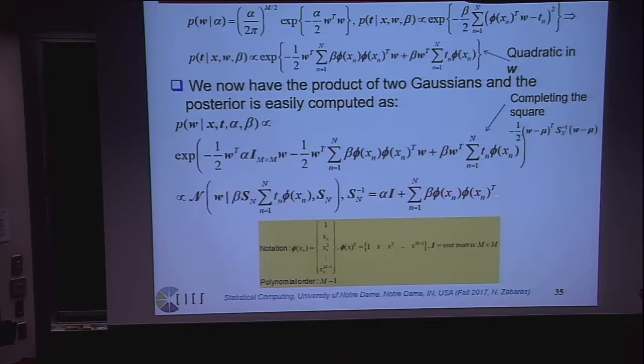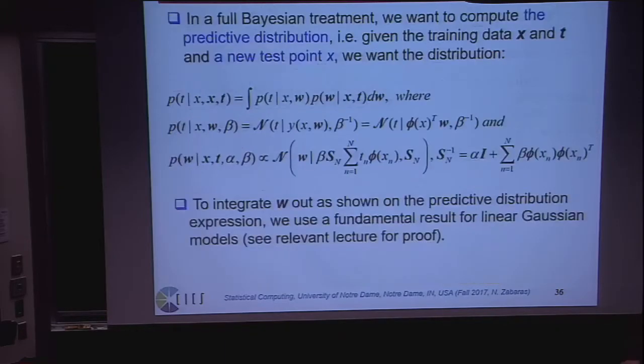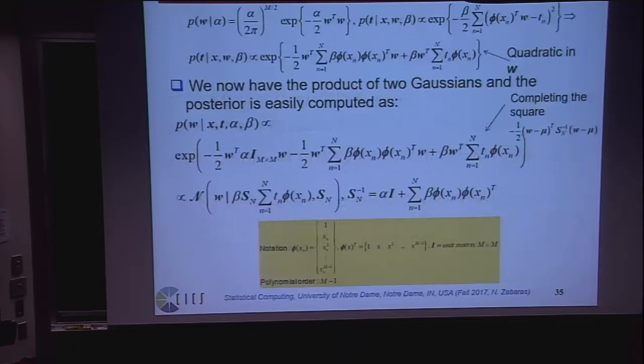This matrix phi is the design matrix, basically formed by evaluating the basis functions at the given data set points x_n, from n equals 1 to capital N. And so this is the covariance, and the mean comes to be this nice expression here. So nice, we got W as a nice Gaussian.